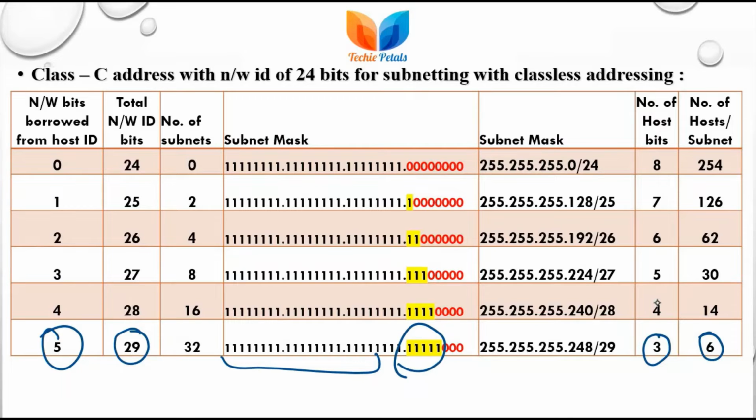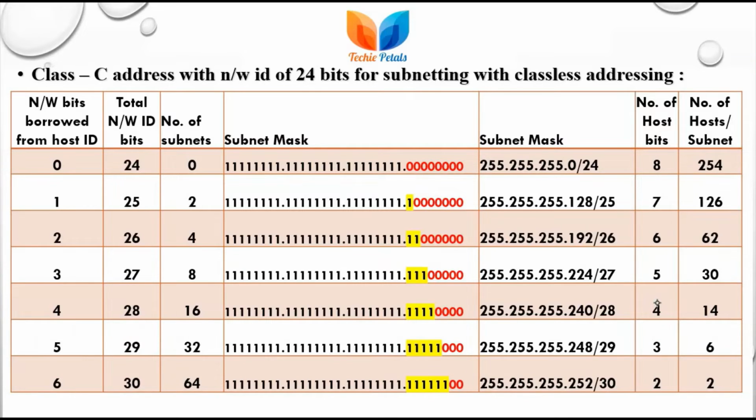Now the last category: we cannot borrow more than 6 bits from the 8 bits of the octet. So if we are using 6 bits, then we are left with only 2 bits for the host ID. So we can have only 2 raised to power 2 minus 2, that is 4 minus 2 is 2.